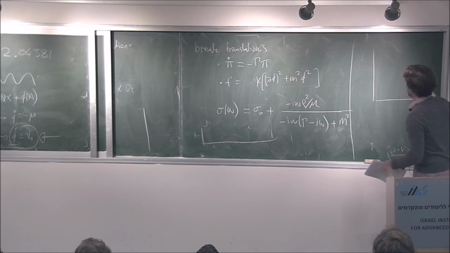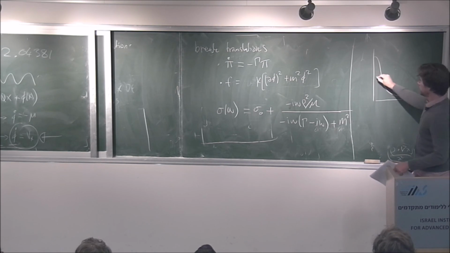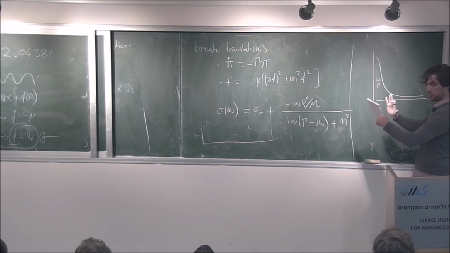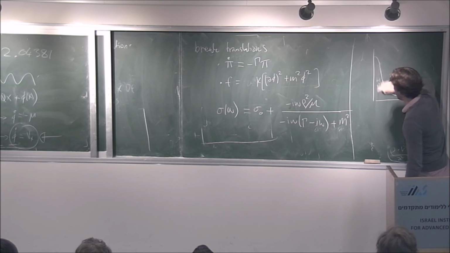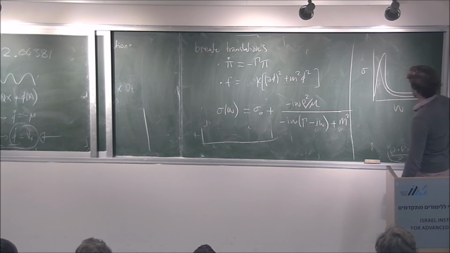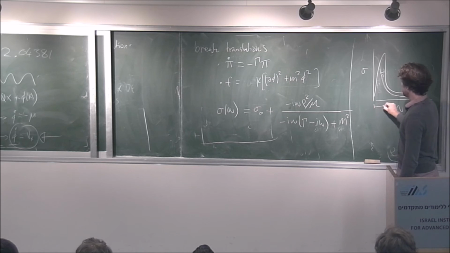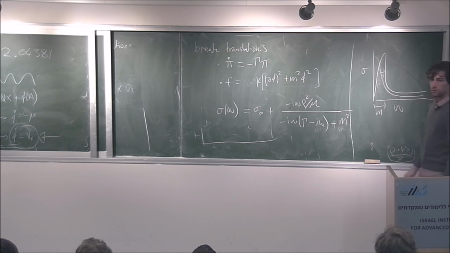Before, we broadened the Drude peak through momentum relaxation, but it didn't shift it. Once you have a pseudo-Goldstone boson, the peak actually shifts away from zero, and so the width still depends on the momentum relaxation rate, but its position is essentially given by the mass of the Goldstone boson.